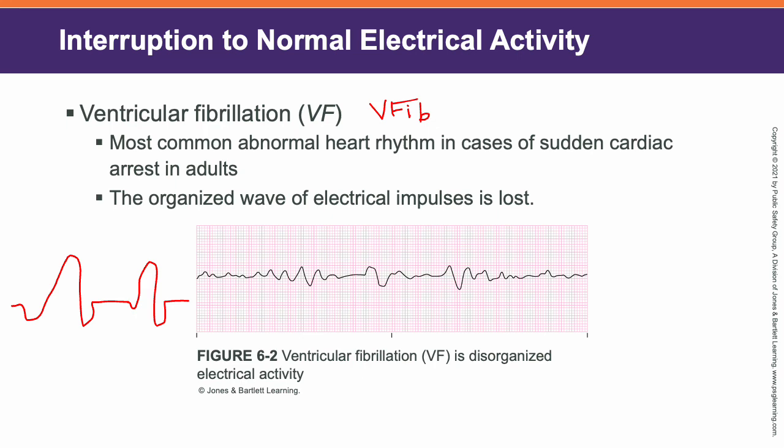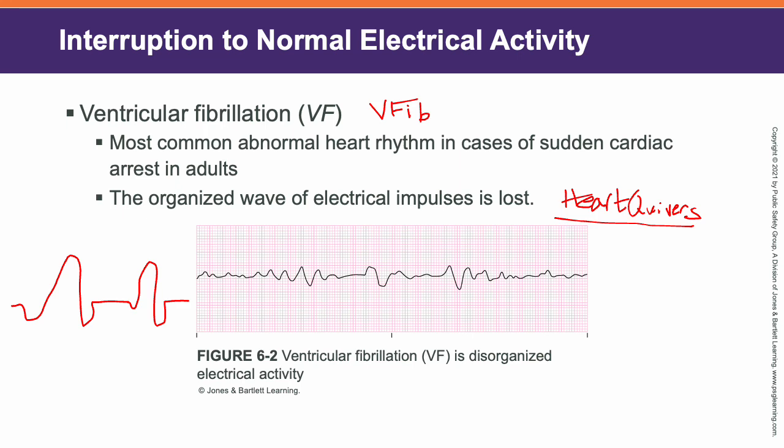Let's see, make sure I got all my information here. So the heart just quivers. It does not actually pump. Let me write that here too. I should have typed this out, but now you'll have it. Heart quivers. Sorry, it looks really weird. So the heart quivers. It doesn't actually pump.